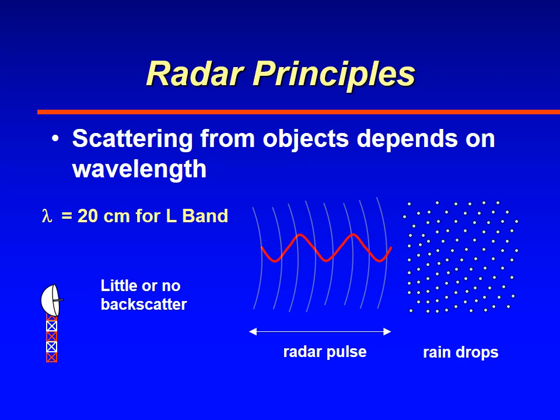Our researchers have found that the longer the wavelength, the less radar energy is scattered by raindrops, and the shorter the wavelength, the more energy or power is scattered by the raindrops. We can measure that backscatter, how much comes back.